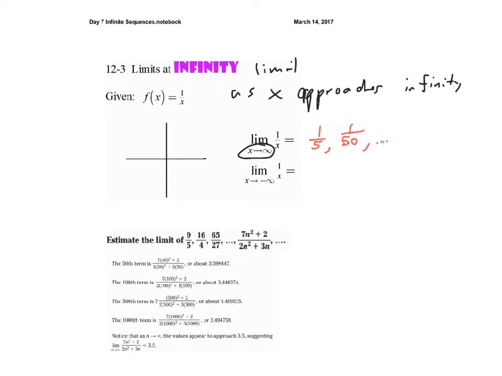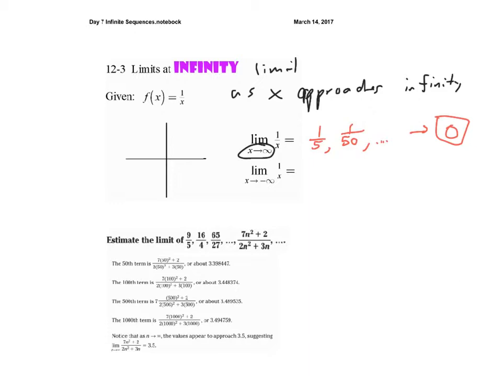We're going to get closer and closer to 0. We're getting smaller and smaller decimals. So presumably, if we kept on doing this forever, the numbers you'd plug in for x would be super large, and our fraction would approach 0. So the limit as x approaches infinity of 1 over x is basically 0.